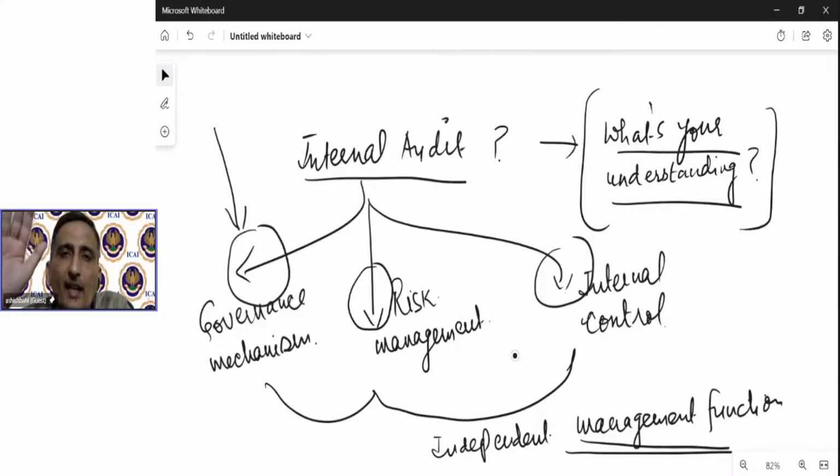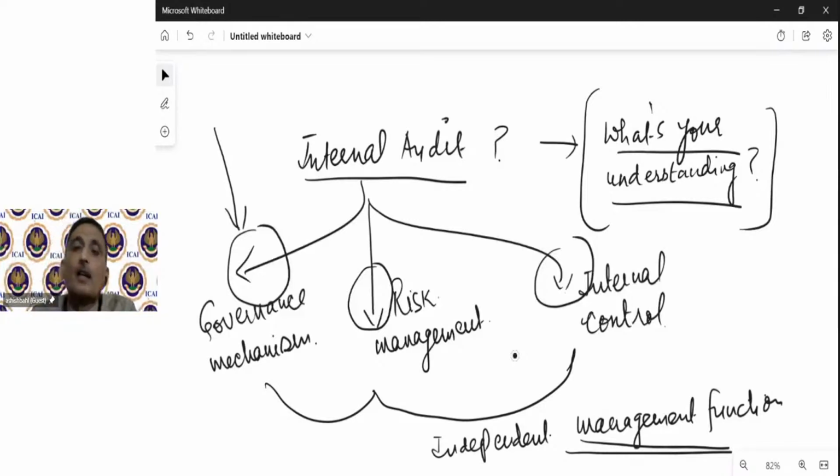It strengthens all those systems which result in governance of the company. How does it strengthen? It constantly reviews and evaluates those systems and keeps on getting valuable inputs, valuable suggestions.